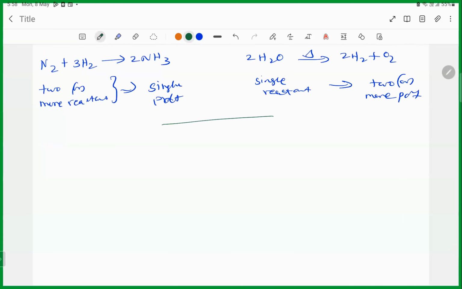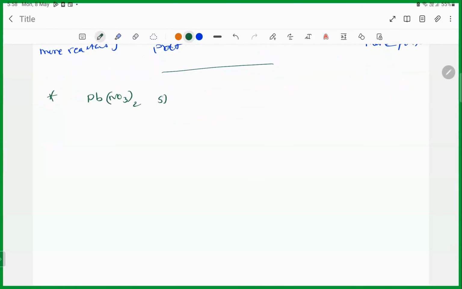Write one equation for each decomposition reaction where energy is supplied as heat, light or electricity. First one: 2Pb(NO3)2 solid gives 2PbO plus 4NO2 plus O2.